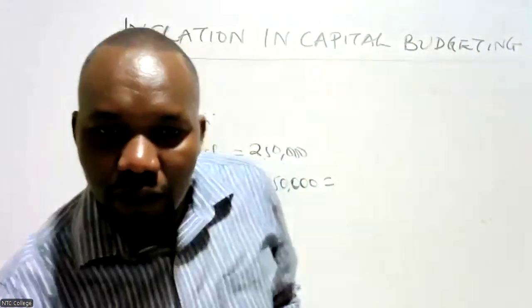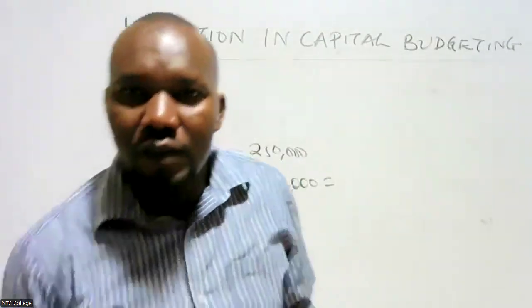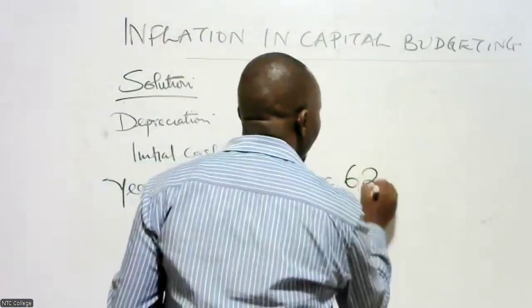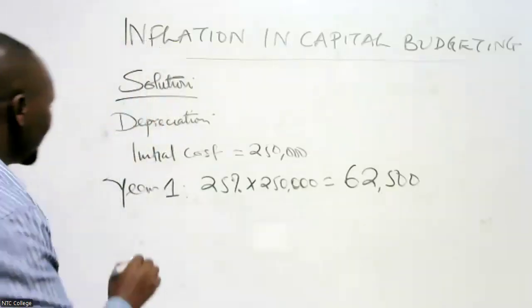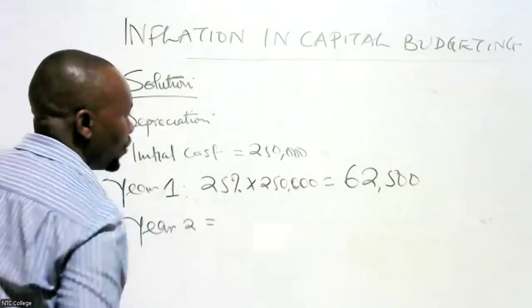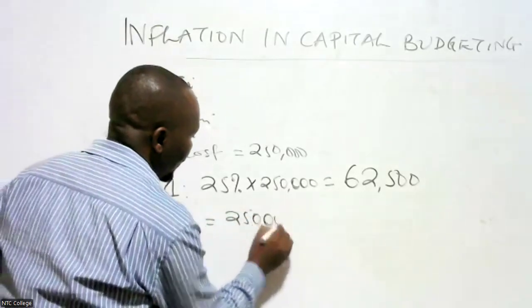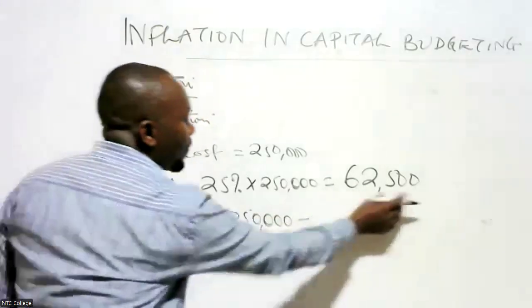Okay, so what have you gotten? So the first year, our depreciation will be 62,500. Second year, year 2, it will be 250 that you are having, because it is on reducing balance. So we have depreciated this.